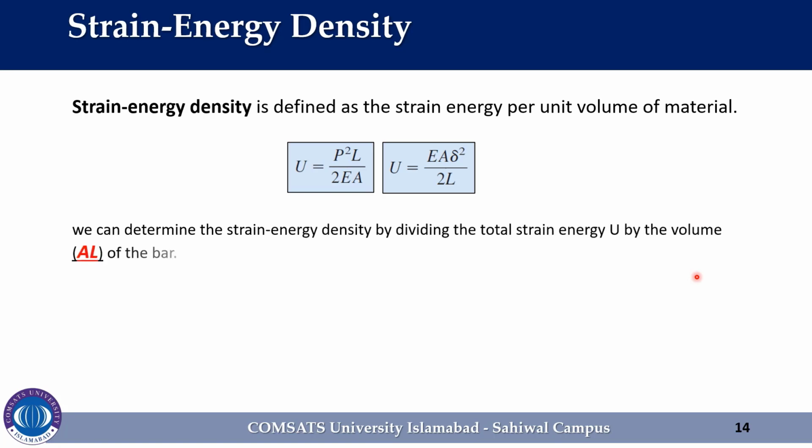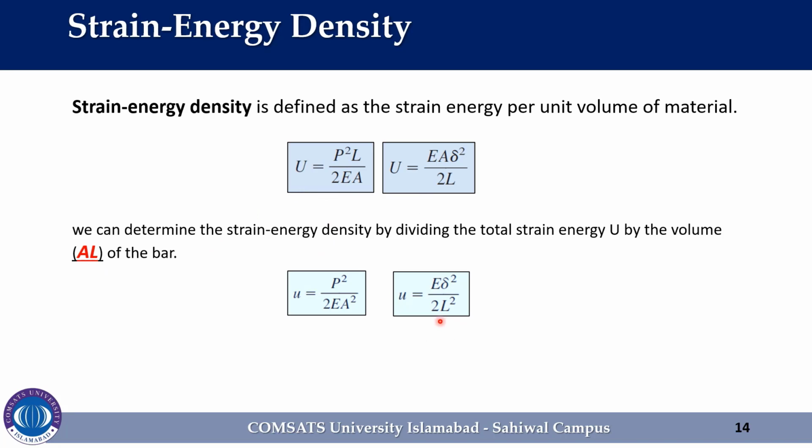Thus, the strain energy density, denoted by the symbol small u, can be expressed in either of the following terms. u is equal to P squared over 2EA squared. And the second term is u is equal to E, where E is the modulus of elasticity, delta squared over 2L squared.